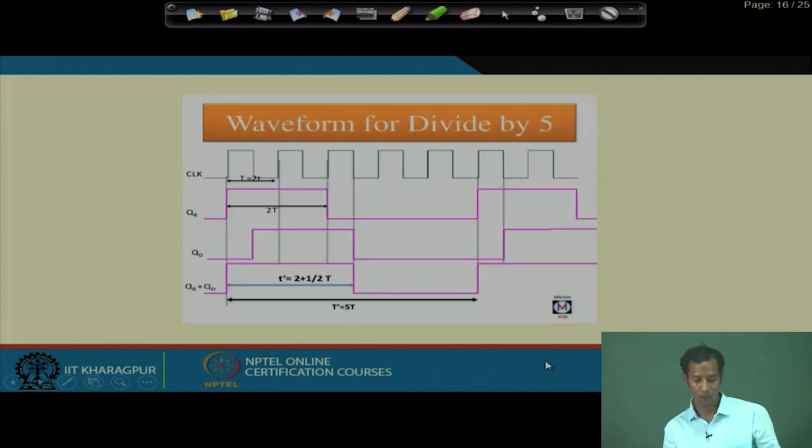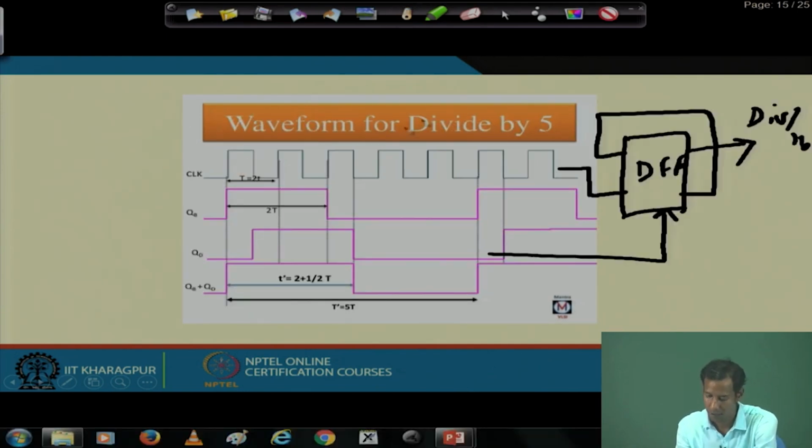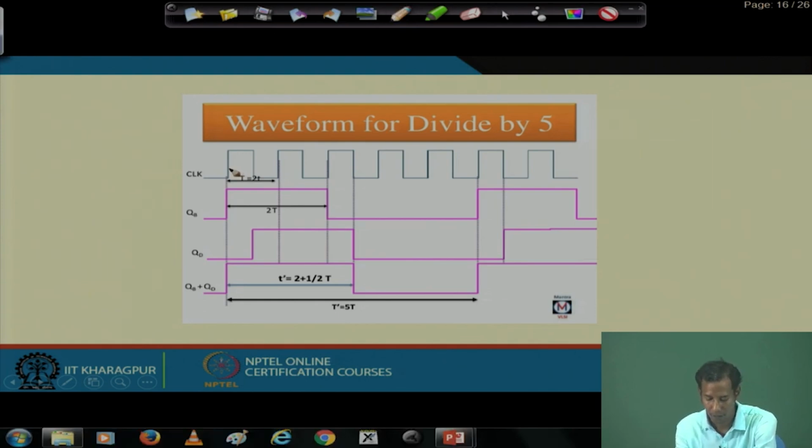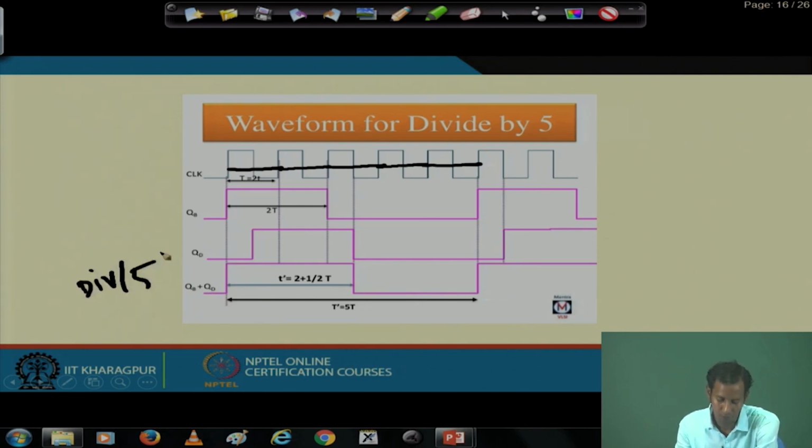And here you see we are having 1, 2, 3, 4 and 5 clock cycles. So, that is why, and this is the generated output of divide by 5 with 50% duty cycle.